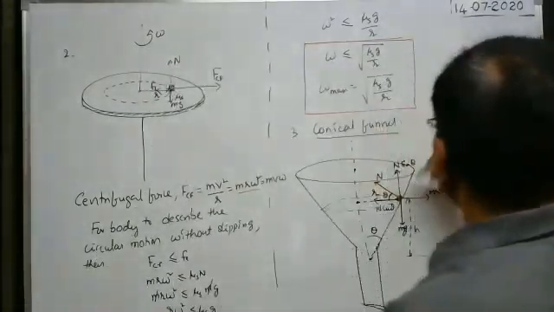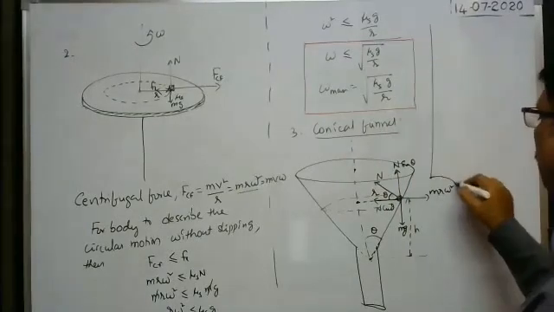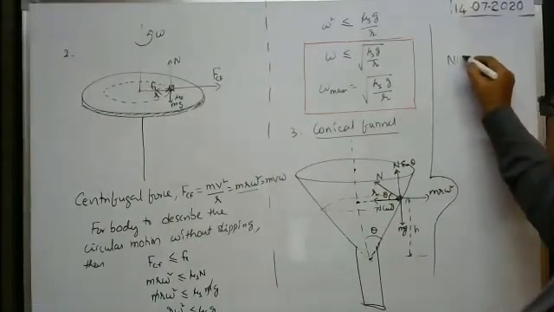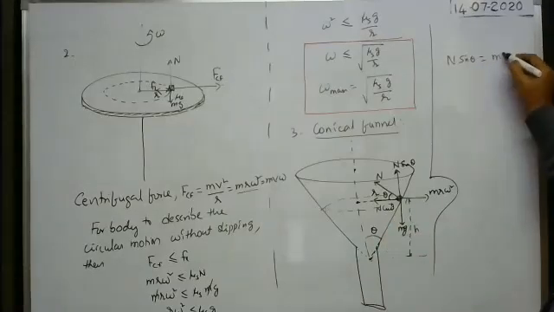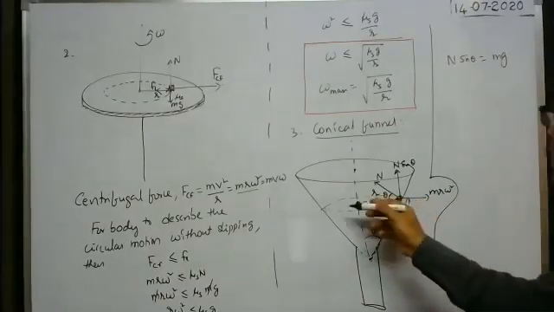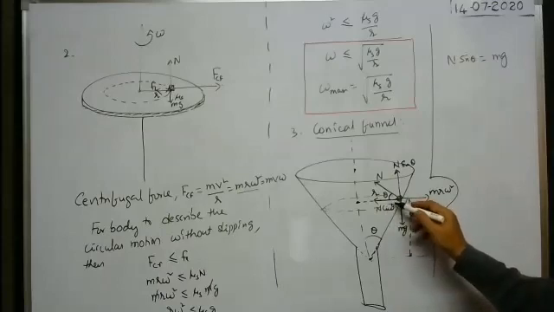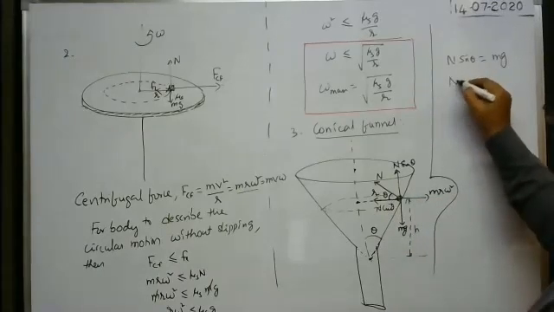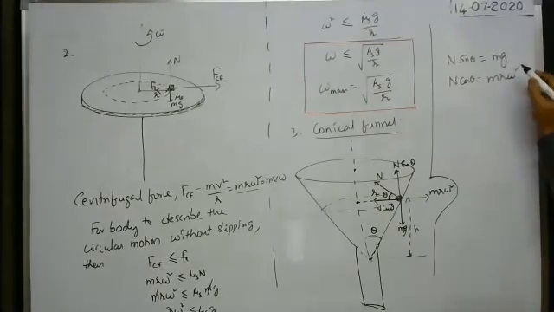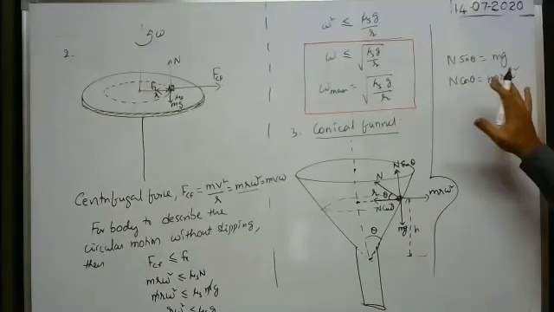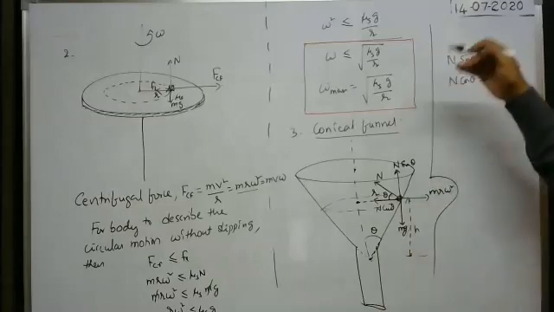That's why from this diagram, N sin theta is equal to weight mg, no? Next, in this direction, normal reaction component is N cos theta, that is equal to m r omega square. So N cos theta is equal to m r omega square, we can write.